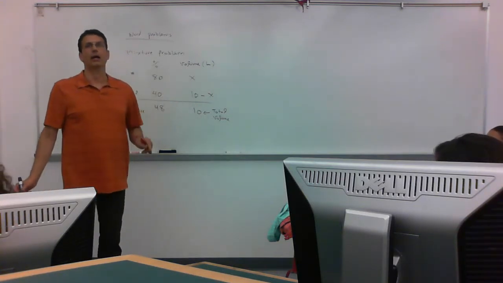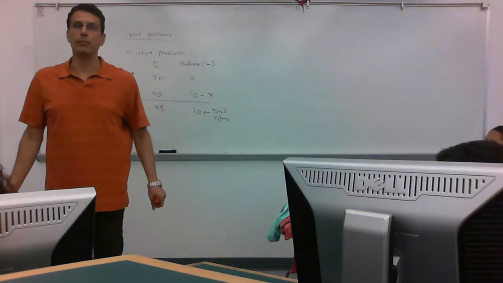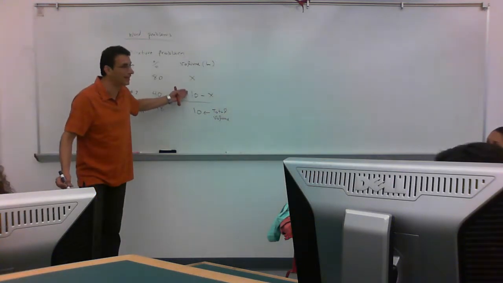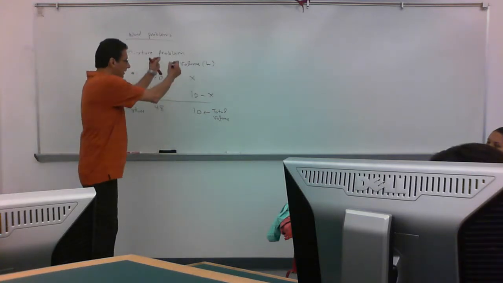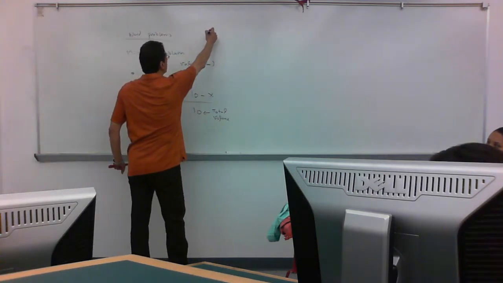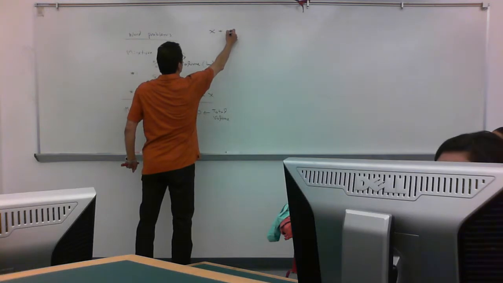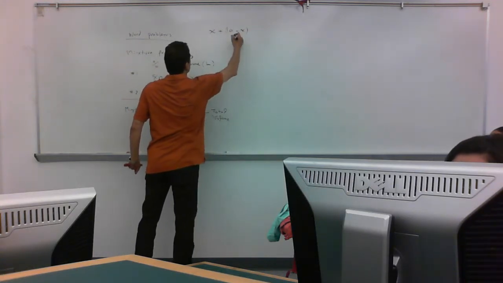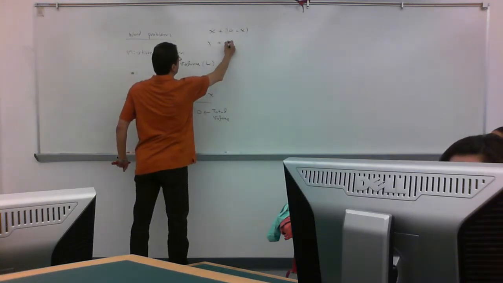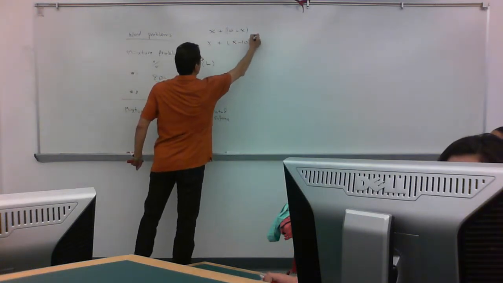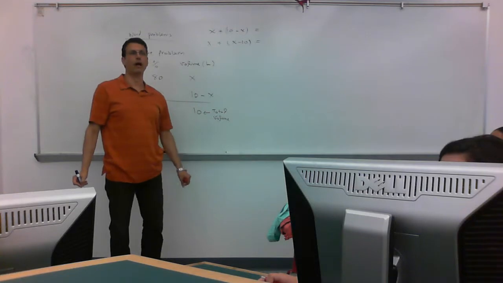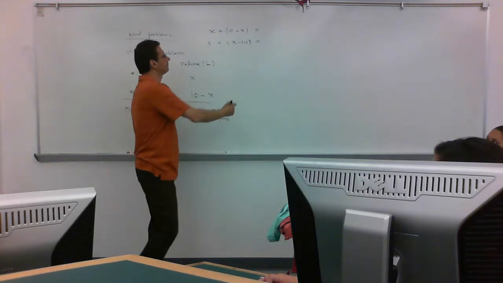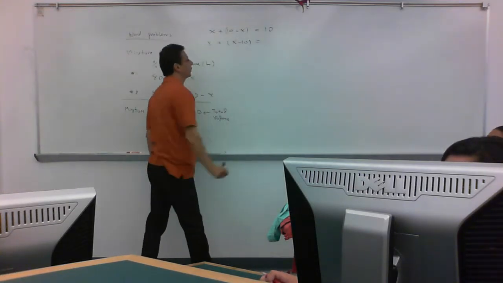Now, again, a common mistake would be that some people would write X minus 10. It's important to understand, when you add them up, let's do it here. X plus 10 minus X versus X plus X minus 10. Are you with me? What is the first one when you add them up? 10. What is the second one?